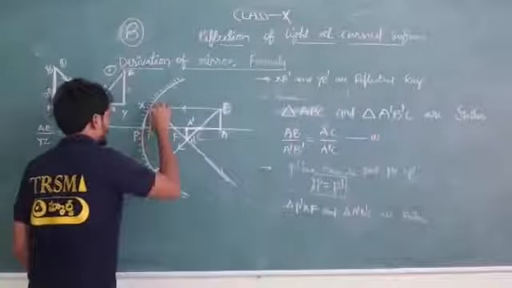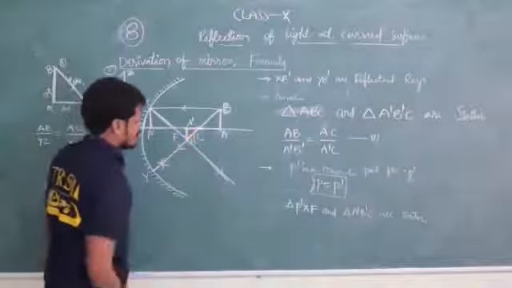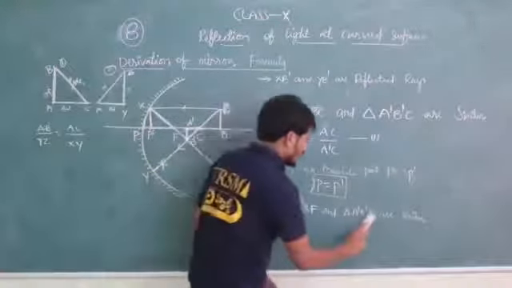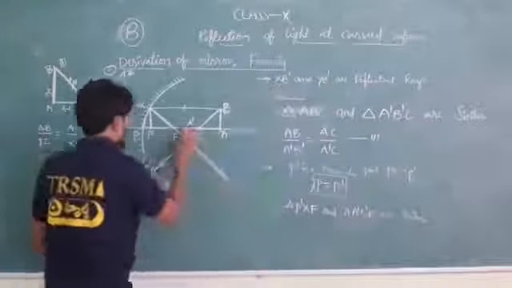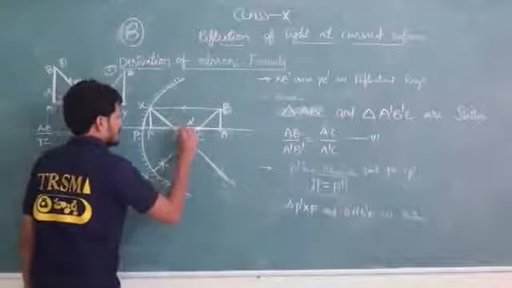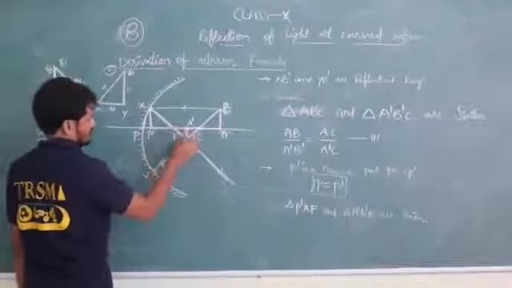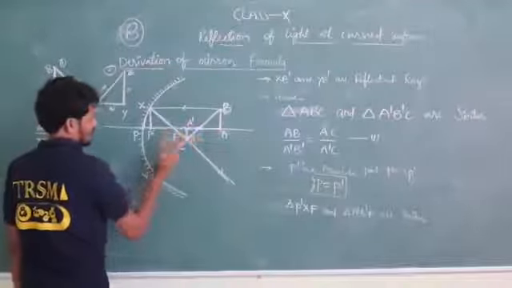Triangle P dash XF, this triangle, and A dash B dash, oh not C, small mistake, A dash B dash F. See this one, A dash B dash F, are what? Similar. These two are similar. See, look here. P dash XF and A dash B dash F are similar.